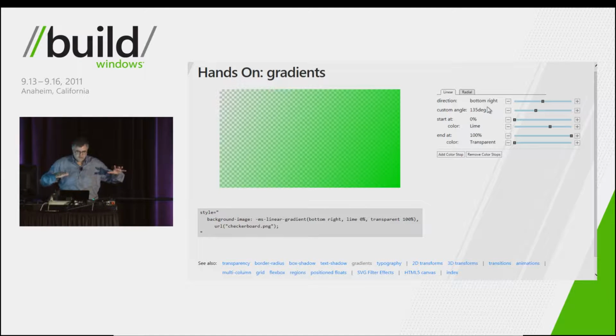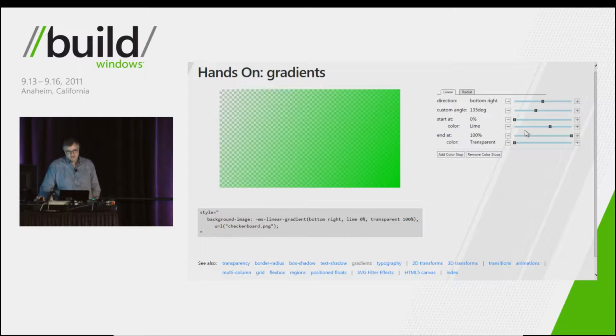I think it's the first one I may have shown that has a vendor prefix. So this is still in flux in terms of the spec at the W3C. But this is the syntax that is solid right now, interoperable across browsers, though every browser is doing it with a vendor-specific prefix.